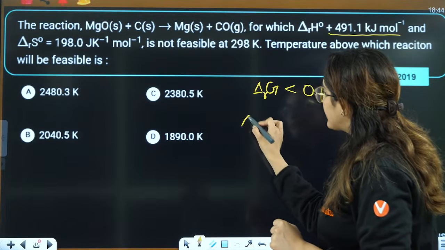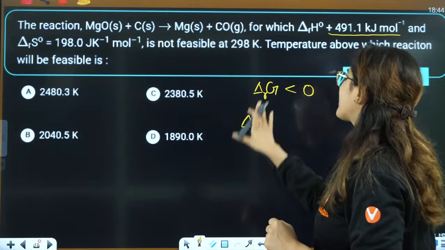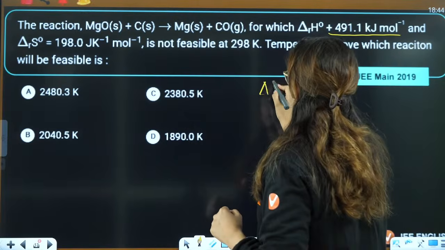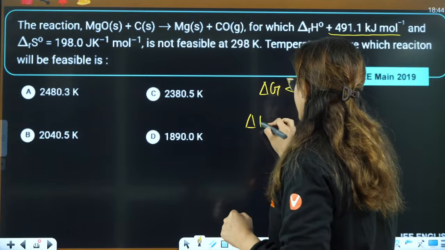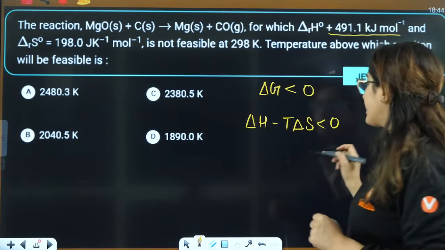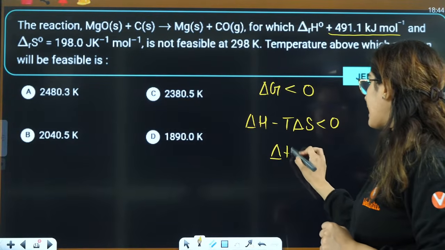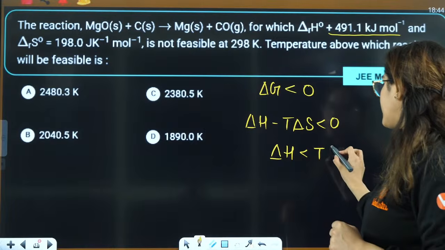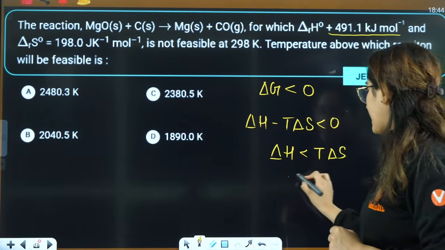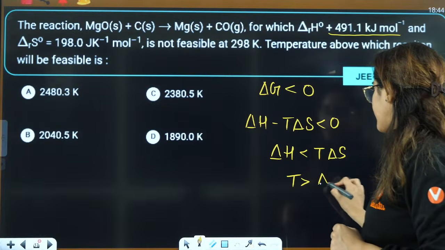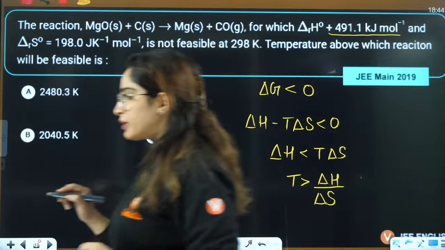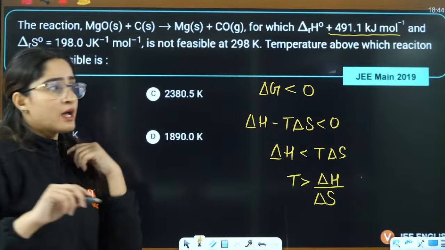That means, I'll just write it as delta G, not delta GR, it takes a lot of time to write R again and again. Delta H minus T delta S has to be negative. You take it here, that means delta H should be less than T delta S, right? Now that means temperature has to be greater than delta H by delta S.